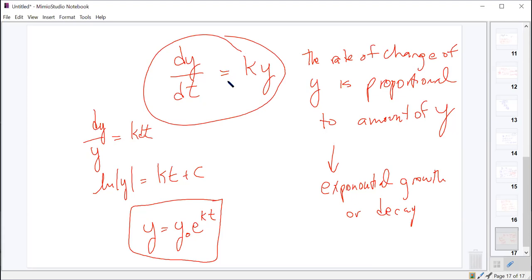Or they might give you this and say when there's 17 rabbits in the classroom, after some time period, figure out how many there would be after 3 weeks or something. So you just figure out what the k is, and then you plug in your values that you're looking for. And it should be pretty straightforward. But just know that these two things match up with each other: dy dt equals ky and y equals y naught e to the kt. Everybody good with that?